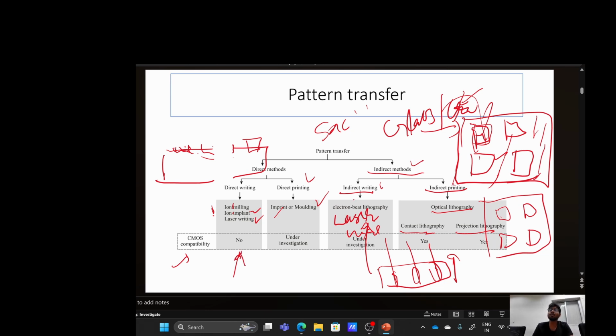The cost of fabrication is very high, but these processes can be used for research purposes, not industrial purposes. Indirect methods are mainly used for industrial purposes, because the throughput is very high in these cases, and so the cost of fabrication is less.